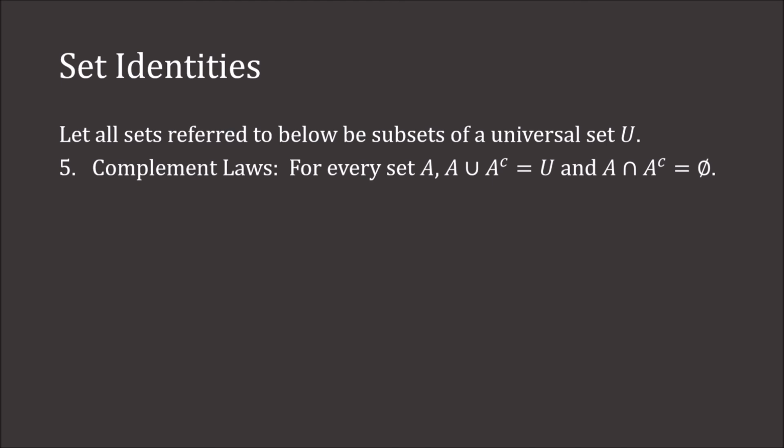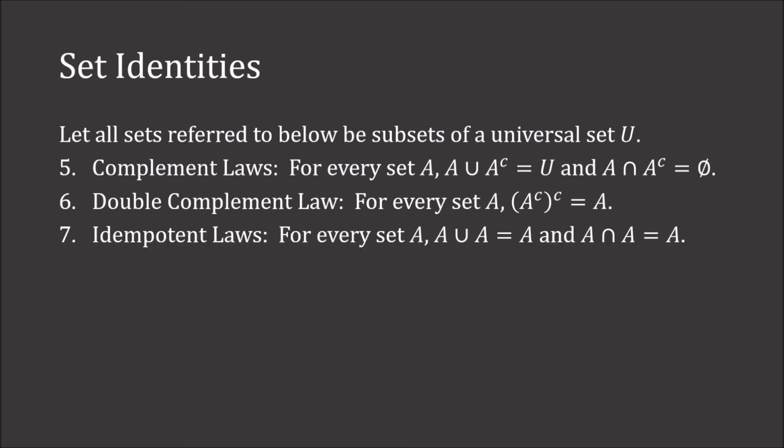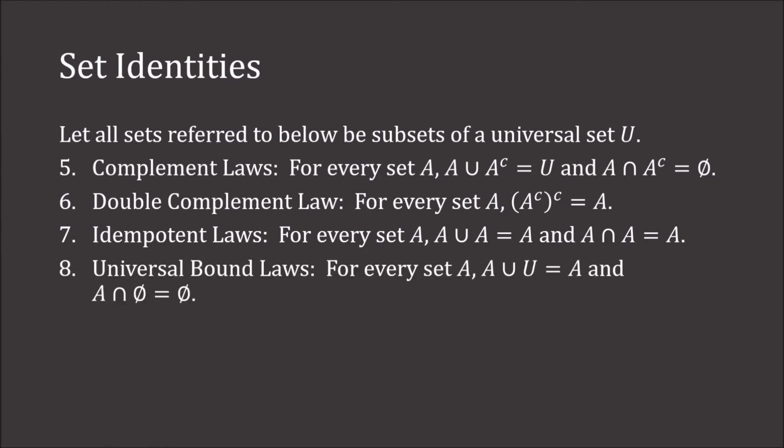The double complement law: for every set A, the complement of A complement is A. The idempotent laws: for every set A, A union itself is A, and A intersected with itself is A. The universal bound laws: for every set A, A unioned with the universal set is A, and A intersected with the empty set is the empty set.